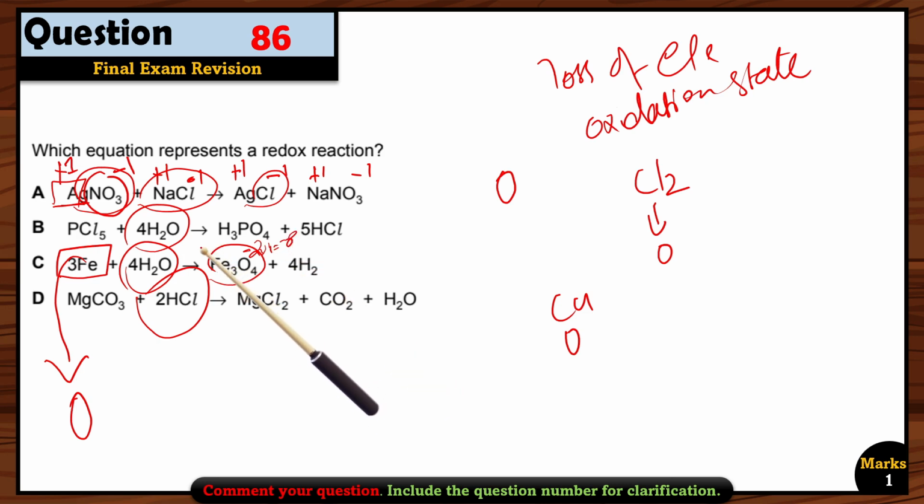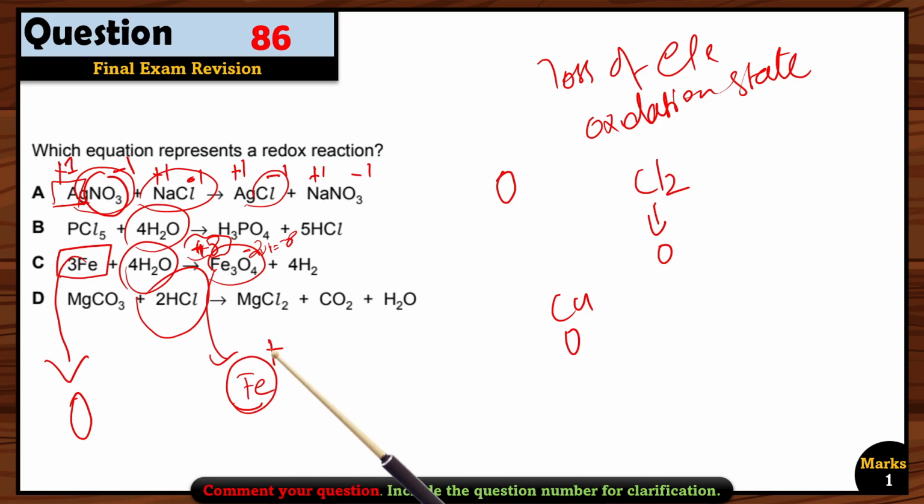So Fe3 must be +8, because the other side is -8. So the oxidation state of iron here is one +2 and the other +3.